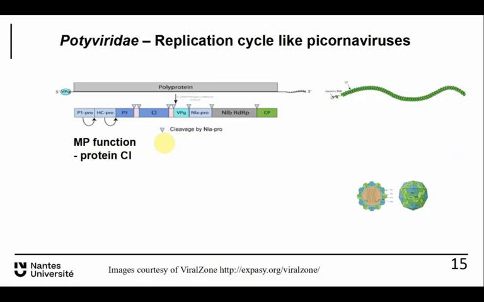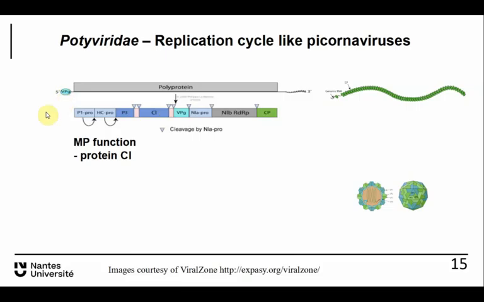Okay, what does the genome of these viruses look like? The barley yellow mosaic virus is a member of the Potyviridae family. And these are all plus-strand RNA viruses that code for a single polyprotein, and they've got a virus protein, VPg, at the 5' end of the genomic RNA.